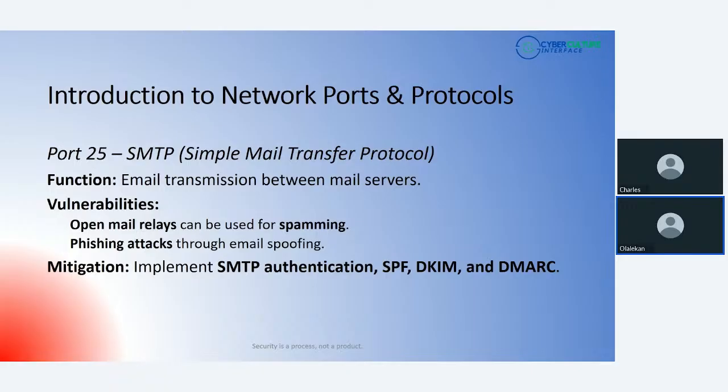Google will just automatically block some emails. It's because of these SPF, DKIM, DMARC settings. These are security settings. If the email the person is sending does not meet these conditions, it will not come into your inbox. Okay, do you understand? So that's how to secure port 25.